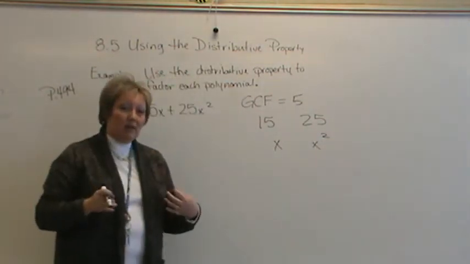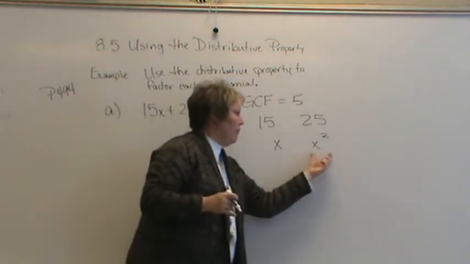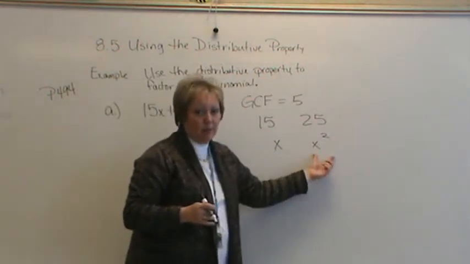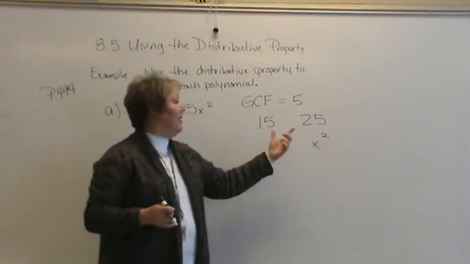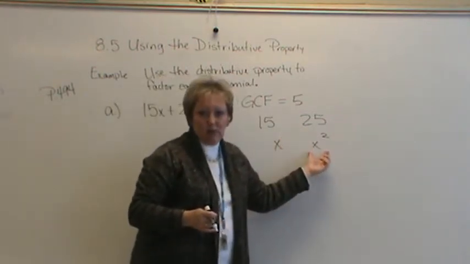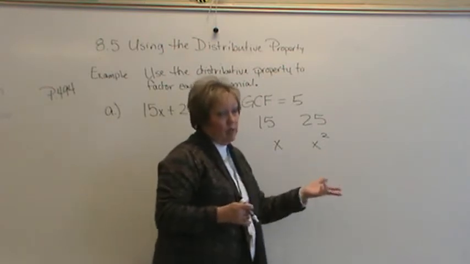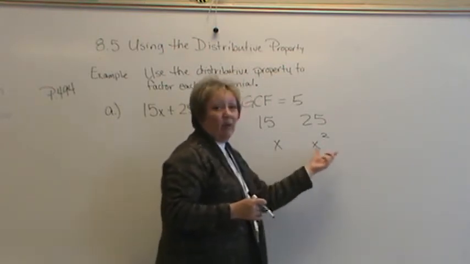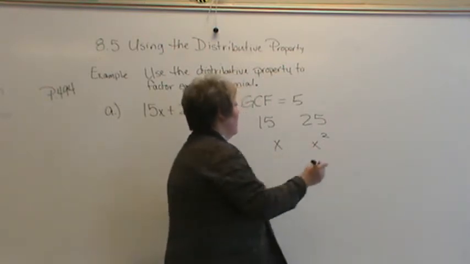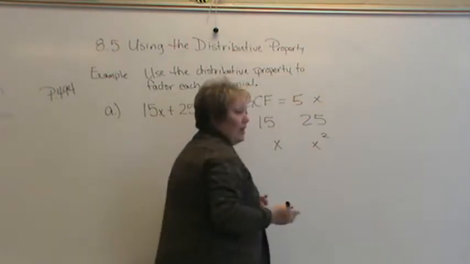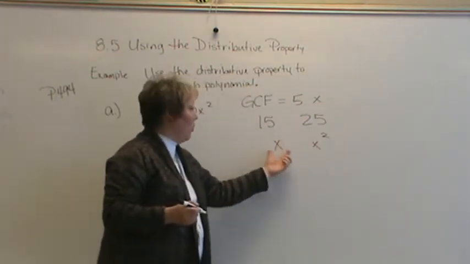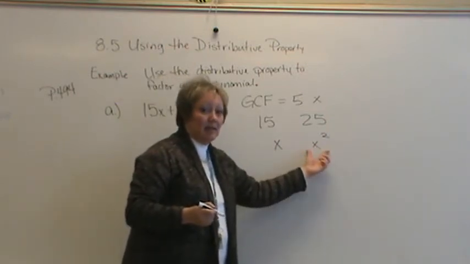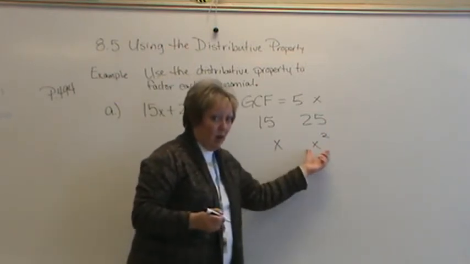What is the greatest common factor of both of these variables? Well, x will divide into itself evenly, and x will divide into x squared 2 times. But I only have one x in common, so my greatest common factor between the variables would be x. I have one x here, 2 x's here, there's only one x in common.